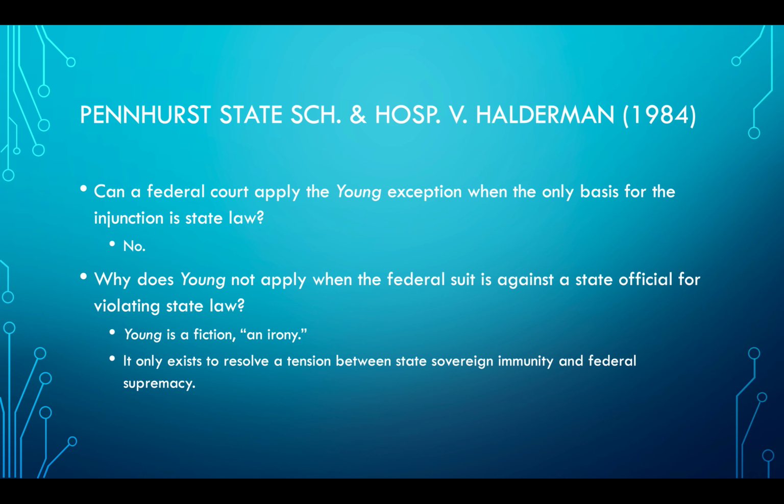So the underlying issue here was that the state was administering this state-run mental hospital. It's called a school and a hospital. As the court says, this is a home for the mentally retarded, and the claim is that it's being poorly administered in violation of a number of laws and constitutional provisions. Right?